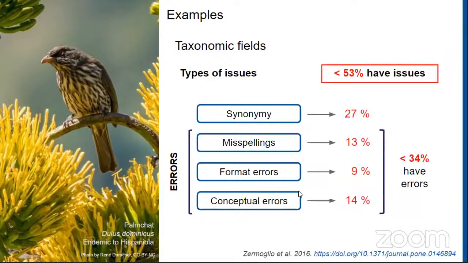And so, for example, they found that almost 30% of the names had issues with synonymy, and there were also incidences of misspellings, format errors, conceptual errors, and some of them had more than one of these issues together.